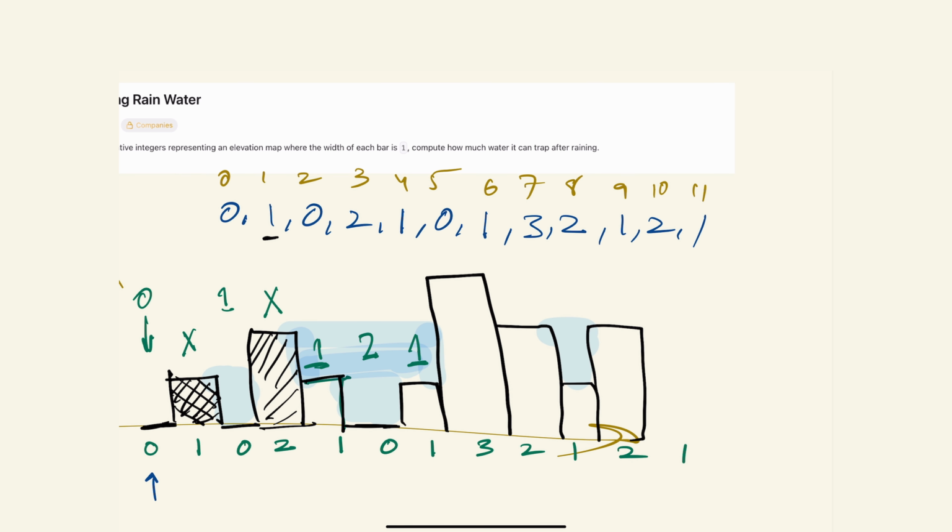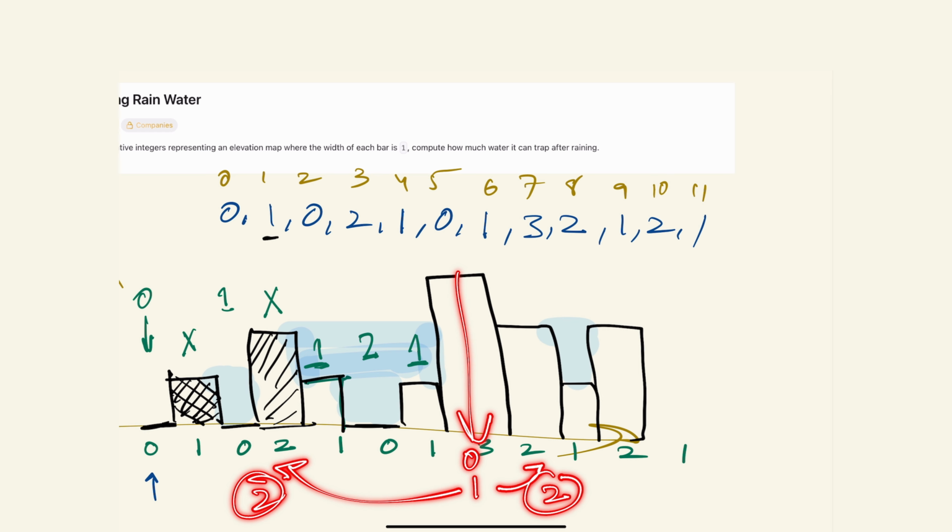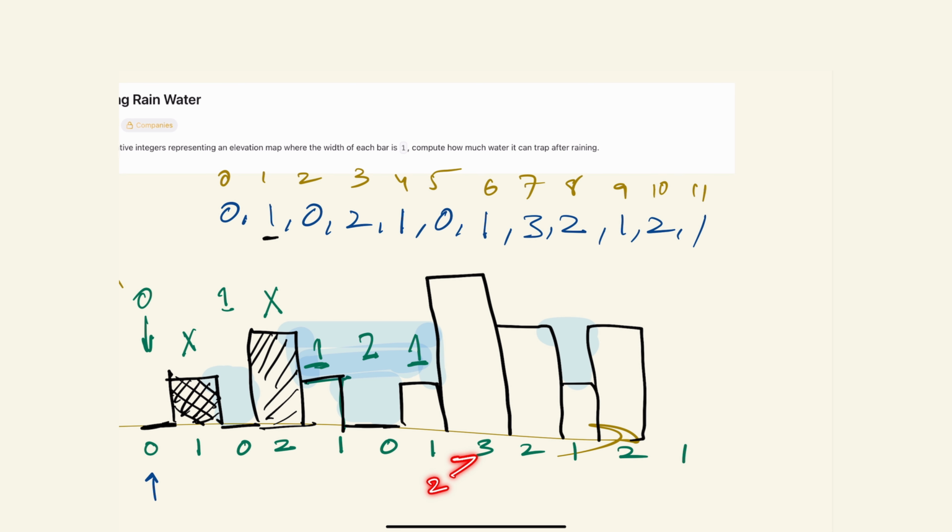Now let's move on to the next wall. On this wall, is there any water holding on top of this one? No. Let's prove this one. Right now I am at this position. This index is this one. What is the max height on the left? It is 2. What is the max height on the right side? It is 2. So the minimum out of these two values will be 2. Okay, 2 minus 3, it is minus 1.